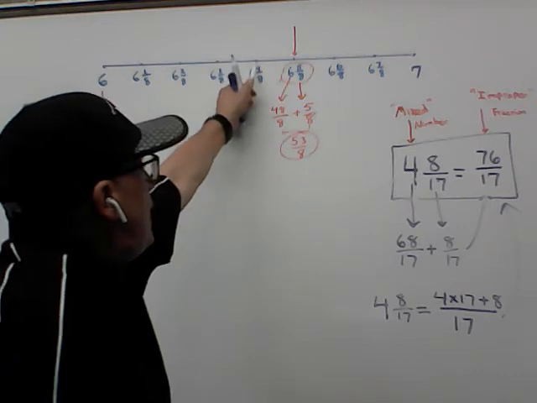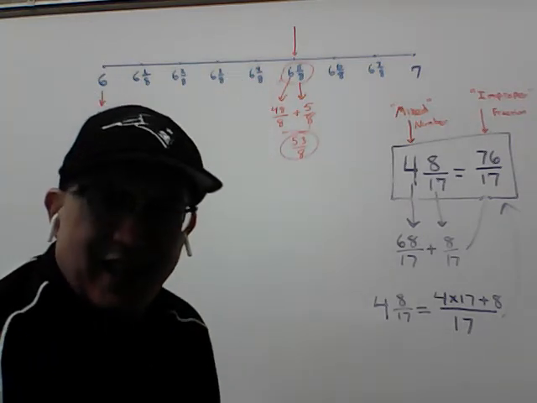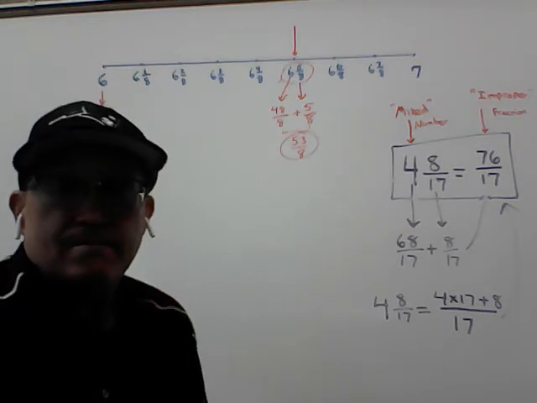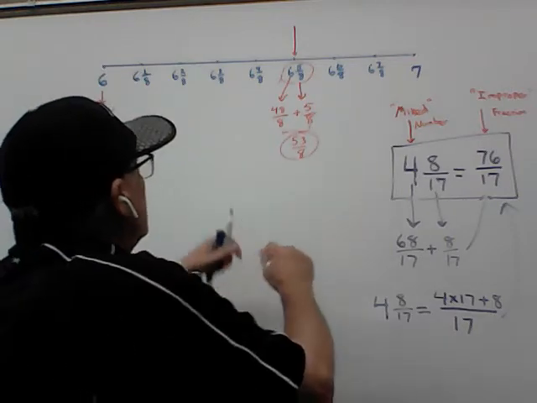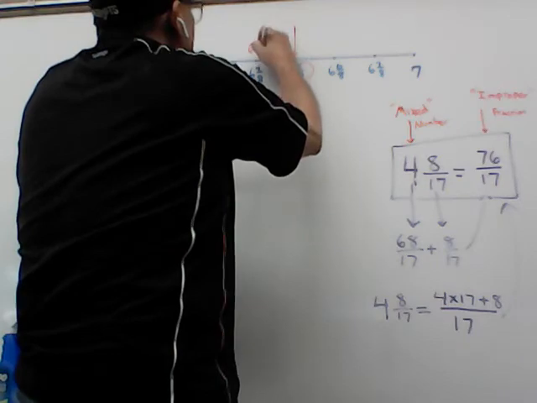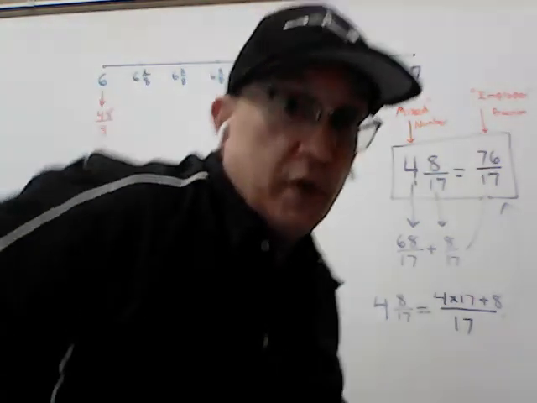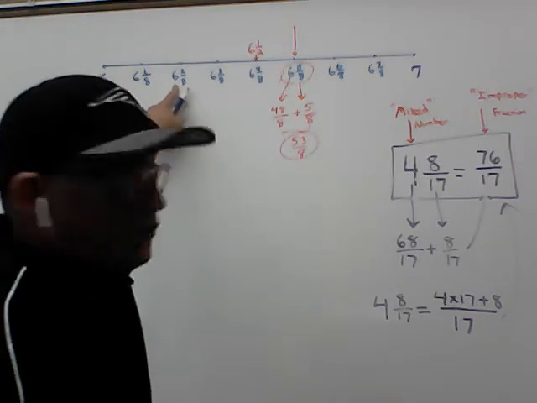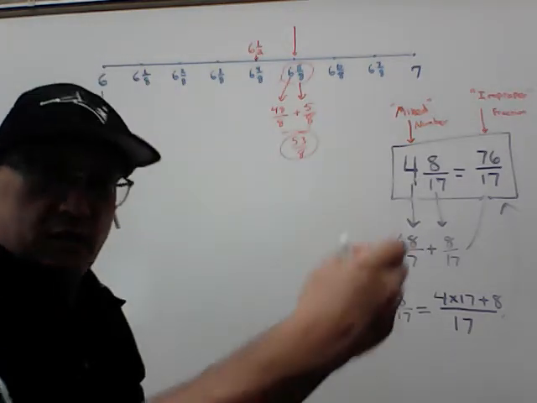So that point right there, which I've labeled 6 and 4/8, does that look like it's exactly halfway between 6 and 7? It is. It should look that way to you because 6 and 4/8 is exactly the same as 6 and 1/2. And there are others we could do up here as well. The 6 and 2/8 is 6 and 1/4, and the 6 and 6/8 is 6 and 3/4.